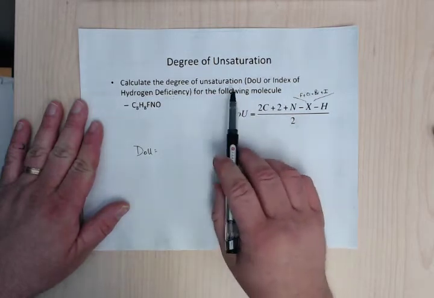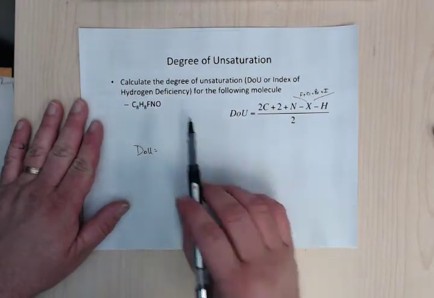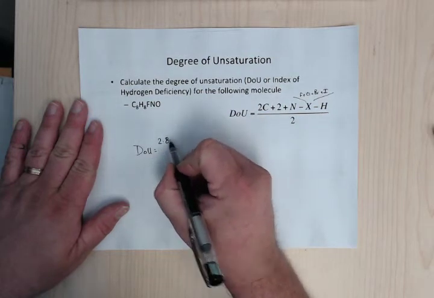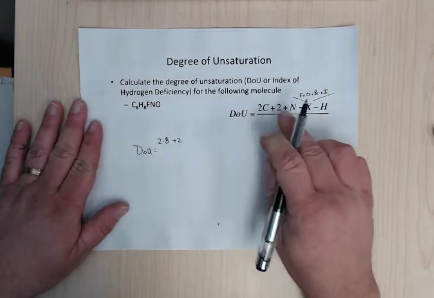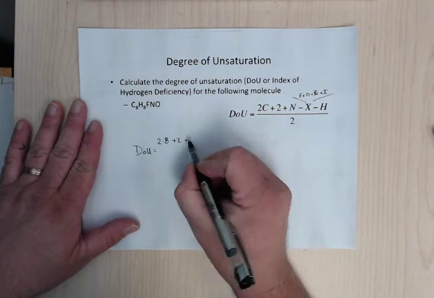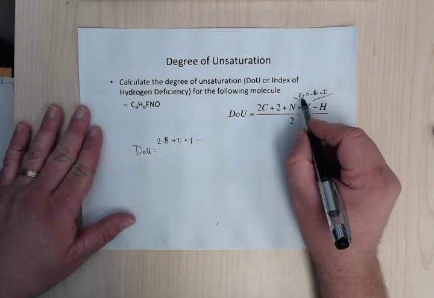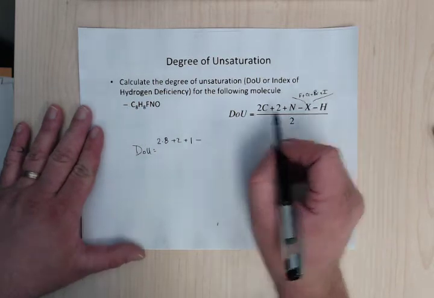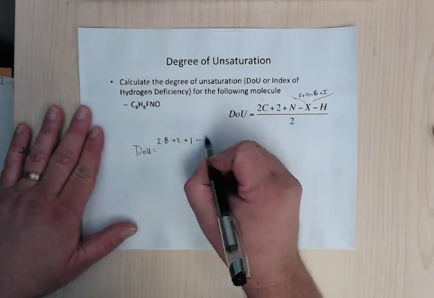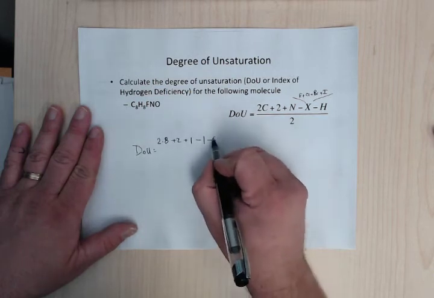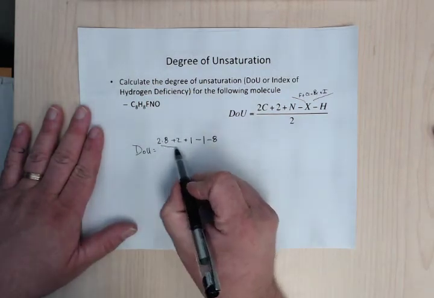Okay, so DOU. So it's the degree of unsaturation or the index of hydrogen deficiency. So it's 2 times the number of carbons, in this case it's 8, plus 2, that's a constant, you have to have that in there, plus the number of nitrogens, here it's 1, minus the number of halides, so it's all of those combined. And then minus the number of hydrogens, all divided by 2.